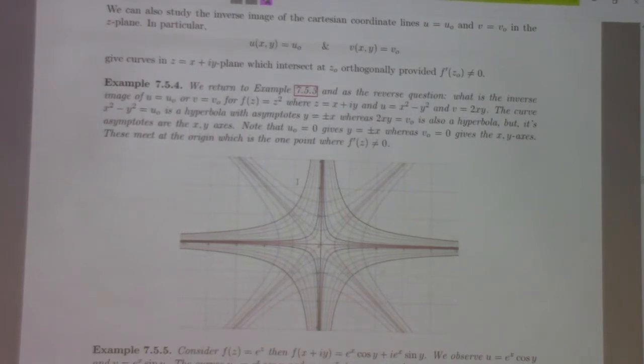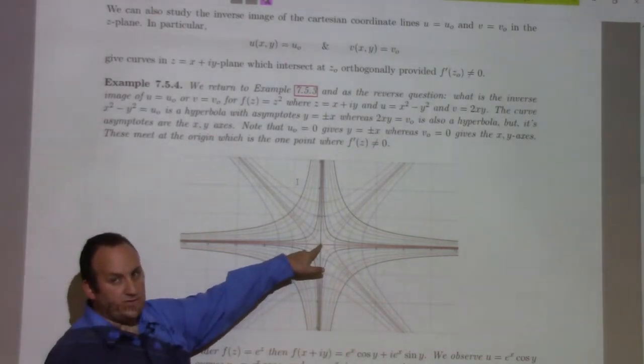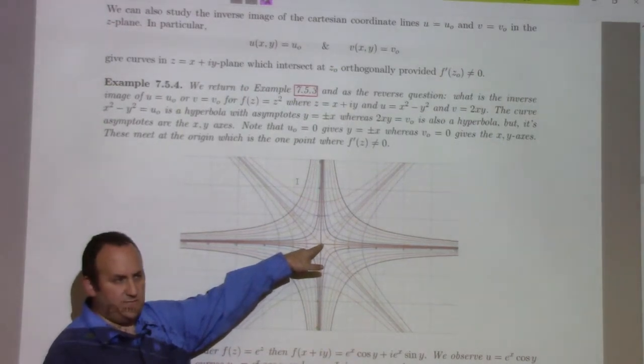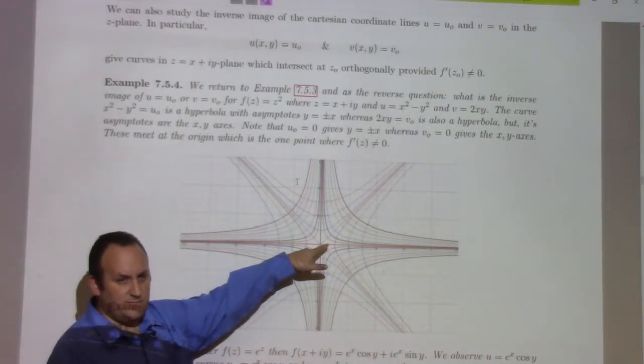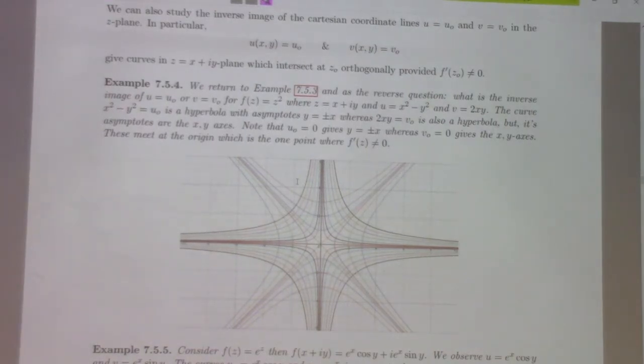Anyway, this is actually the inverse image of the rectangular grid in the uv plane back into the xy plane. And again, you get this, except for one point, right? There's that one point in the middle, where z equals 0. Your homework will show that f prime of z, the derivative of z squared, is 2z, yeah? So where is that 0? The origin. The origin is the one point where this mapping is not conformal.